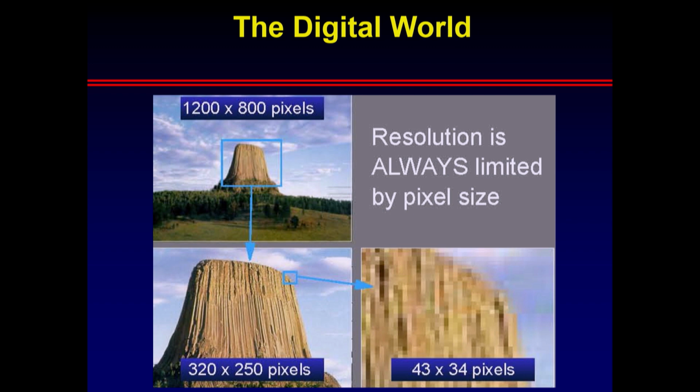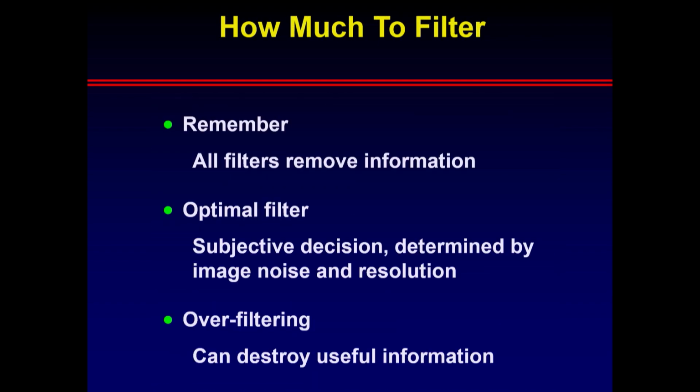There's more information in every little part of that picture as compared to the larger pixels which give a very blurry image. So that's the other aspect of this that's very important.